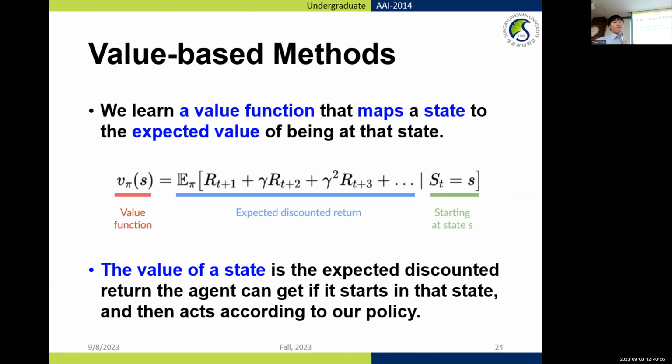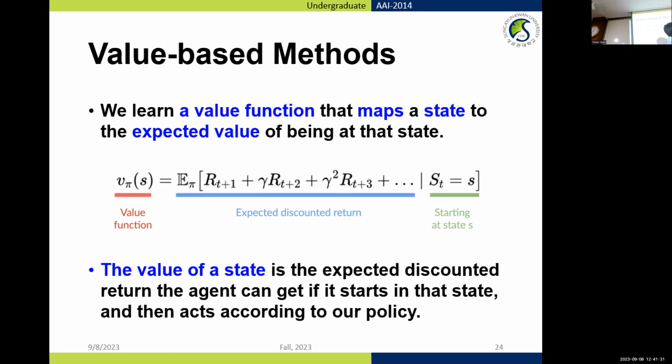So it's a little different from the policy-based method, right? It means we need to calculate the expected value of being at that state. We use pi to represent the policy that determines the value with this state.